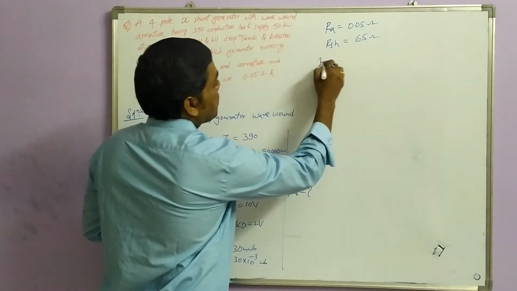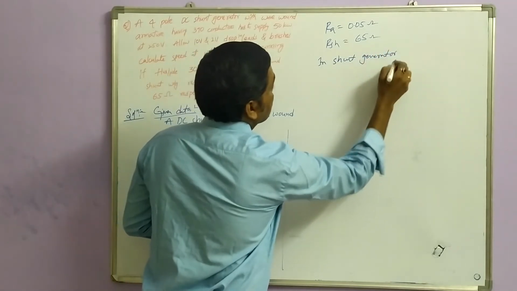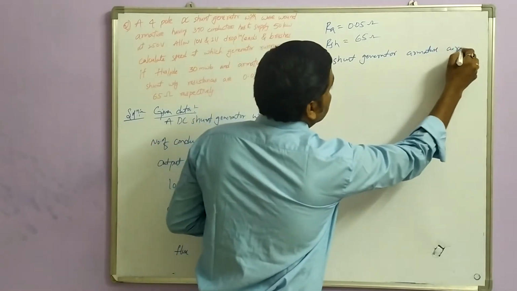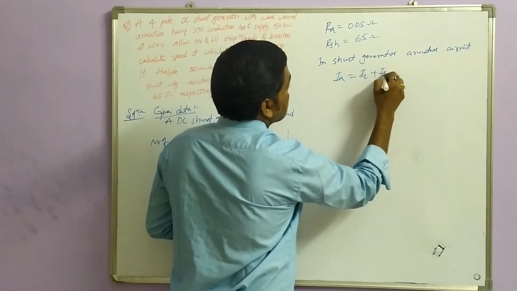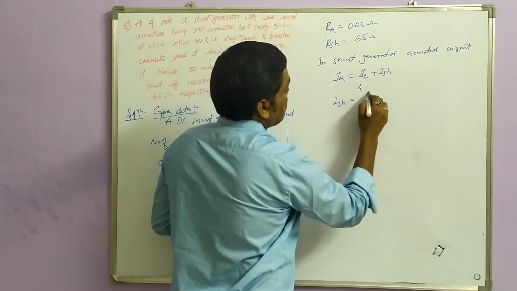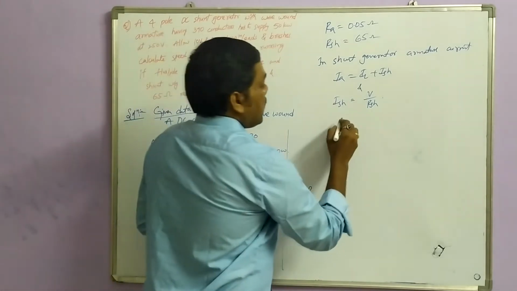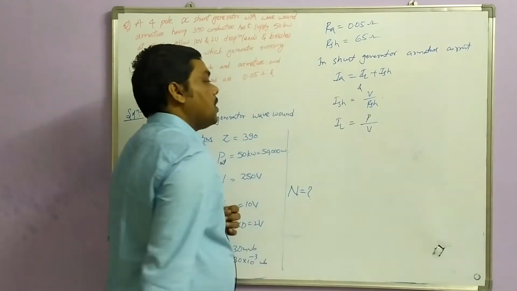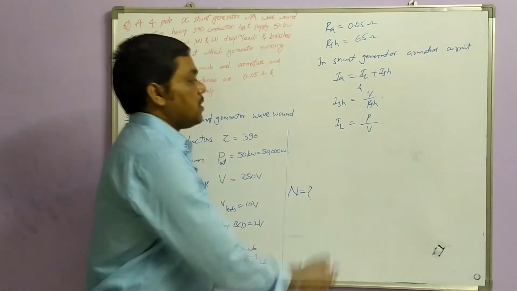Now in a shunt generator, armature current IA is equal to IL plus ISH, and also ISH is equal to V by RSH, and also IL is equal to P by V.